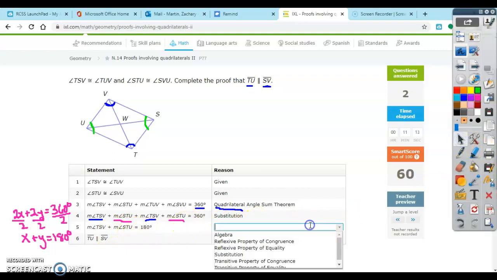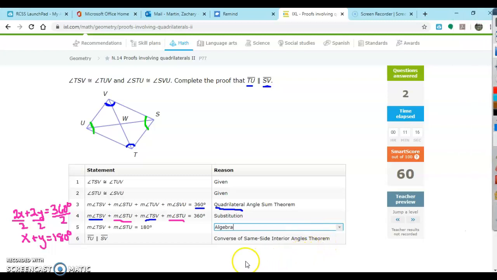What's going on there? Well, that's simply algebra. And because the measure of angle TSV plus the measure of angle STU, these angles on the same side of this quadrilateral, add up to 180 degrees, we've got the converse of the same side interior angles theorem, which says that those lines must be parallel.